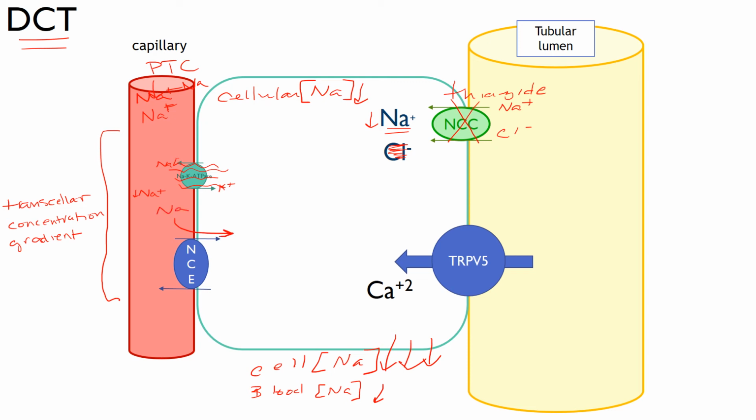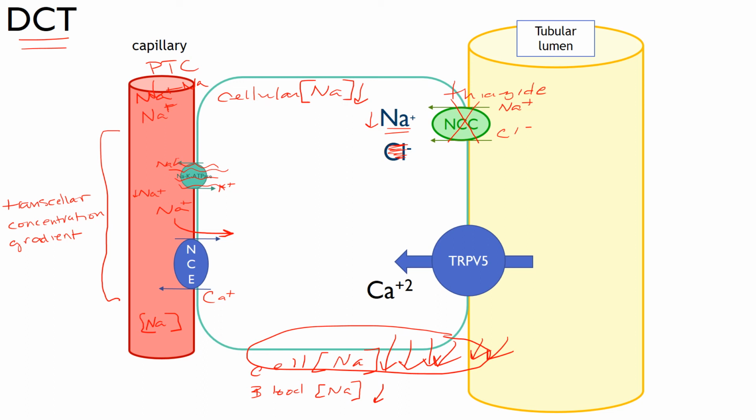Usually, there is enough of a difference in the sodium in the blood compared to the sodium inside the cell that a sodium will just fall down its concentration gradient into the cell. Okay? So that's how normally it happens. And every time a sodium falls down its concentration gradient from the blood, which is higher concentration, into the cellular compartment, which is lower concentration, a calcium gets exchanged and pumped out.